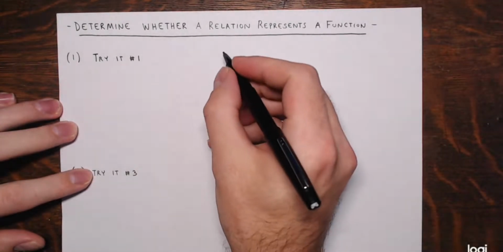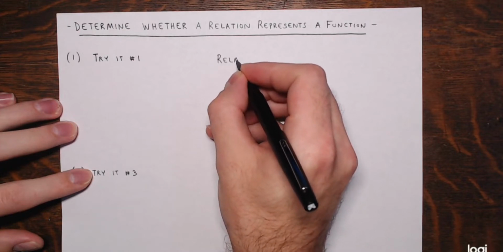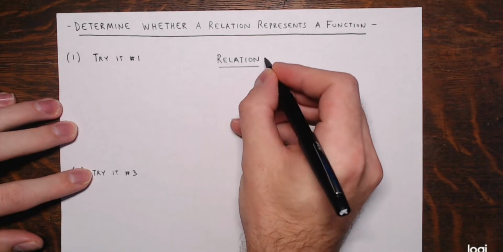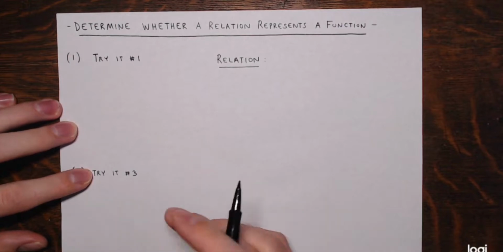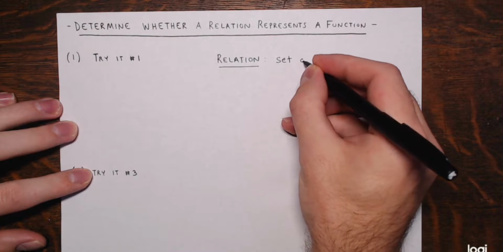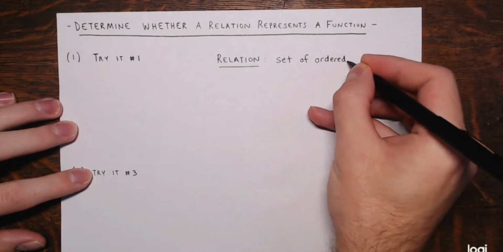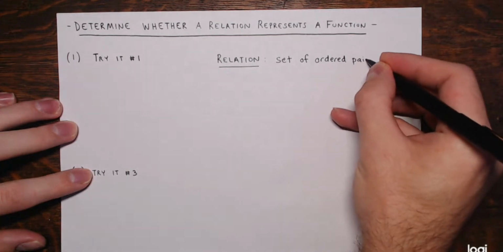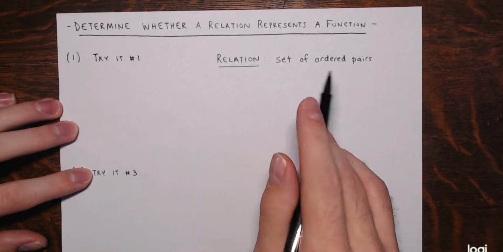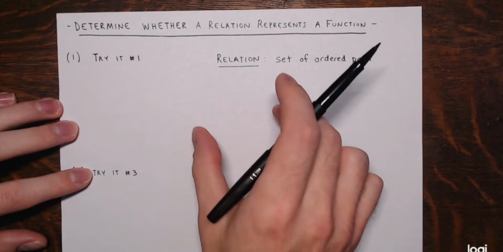All right. So first off, a relation. Now a relation, in the reading, they simply say it's a set of ordered pairs. A set of ordered pairs. Another way you can think of a relation, it's just a bunch of, again, pairings of elements from one set.